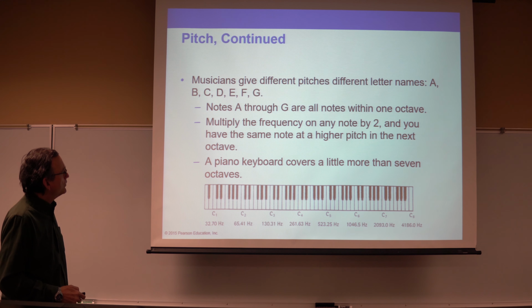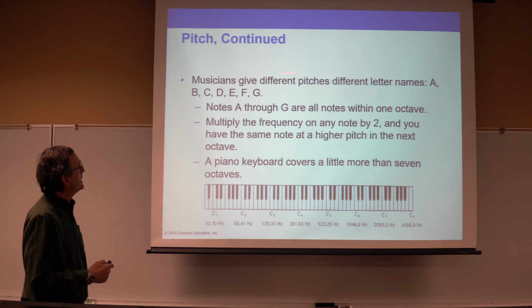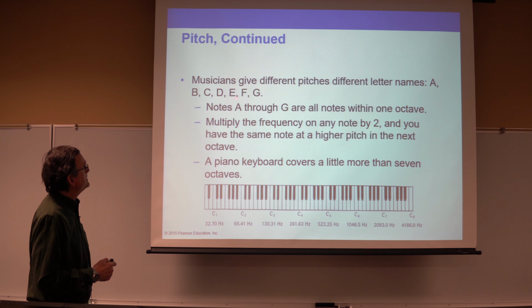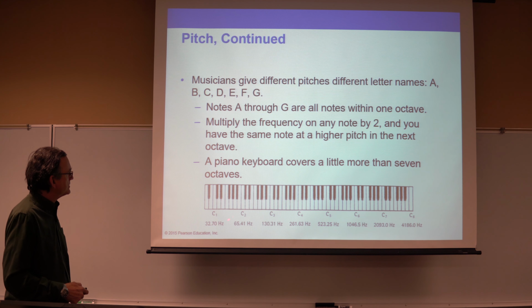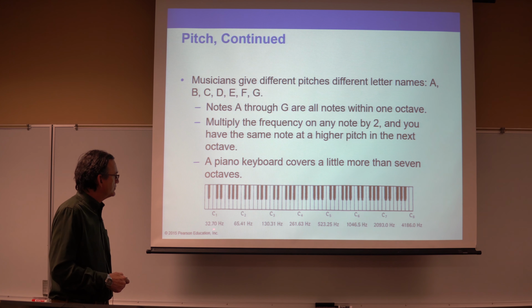This was the way in which we label the frequencies by these letter designations A, B, C, D, E, F, G. And notice that the letter does not uniquely give a frequency, because just as with the C's, you can have a very low C at 32.7 hertz.